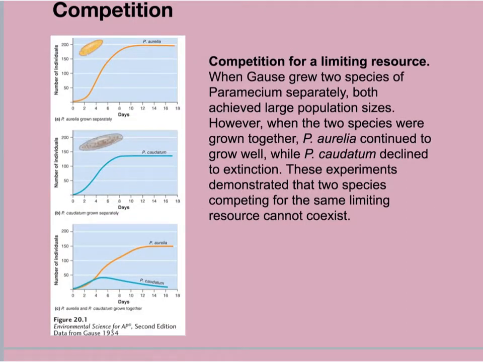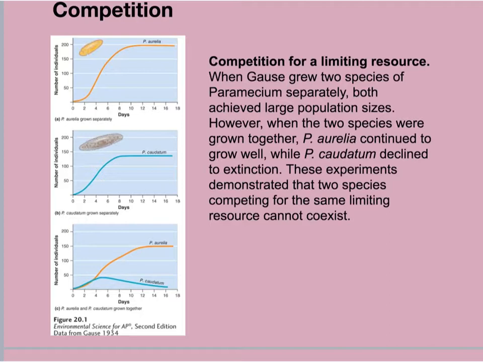Here we are again back at the 1934 Russian scientist Georgii Gause, who studied different paramecium species and their effects on population growth when he fed them different amounts of food. When he grew the two species separately, they both grew very rapidly and eventually reached a carrying capacity.